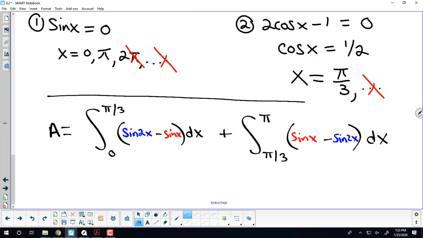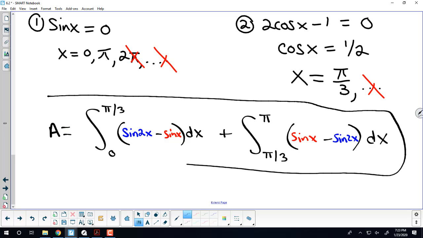Okay, so that's our setup. We were just asked to set it up, so I didn't actually compute this. Okay, any questions on that?